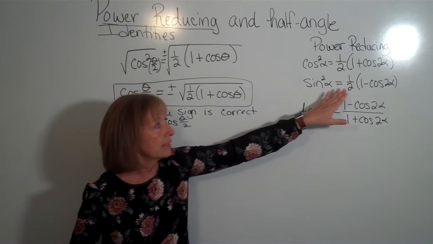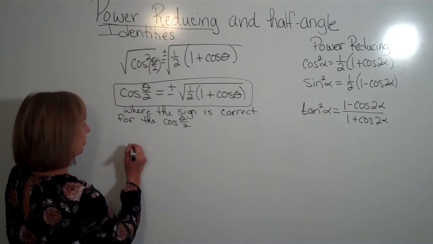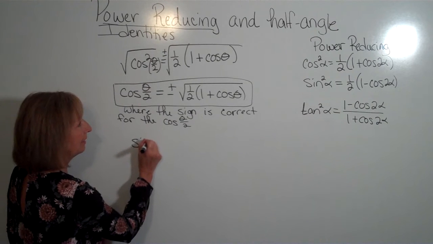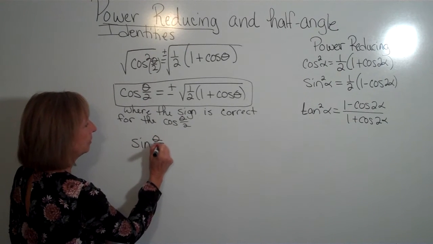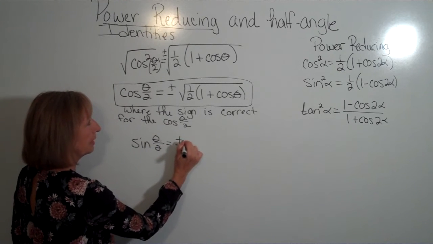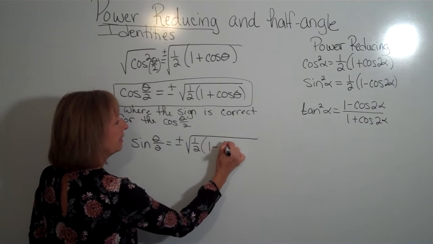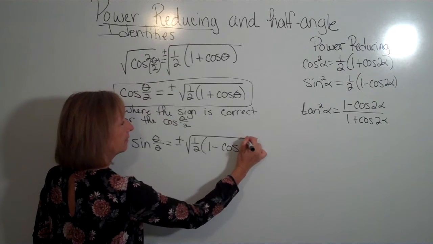And so when I do this, I'm still going to have the cosine in that right hand side. So the sine of theta over 2 is equal to plus or minus the square root of 1/2 times 1 minus cosine of theta.